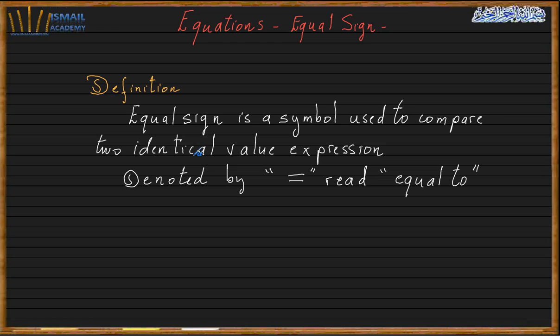So as you see, the definition is totally clear. If I have two identical value expressions, I can make them equal to each other. They don't have to be similar, but they must be identical in terms of value. Alright, so let me give you an example.